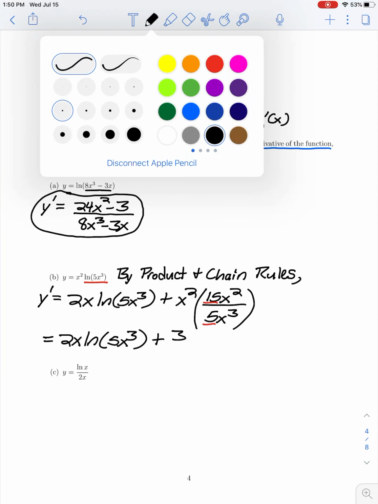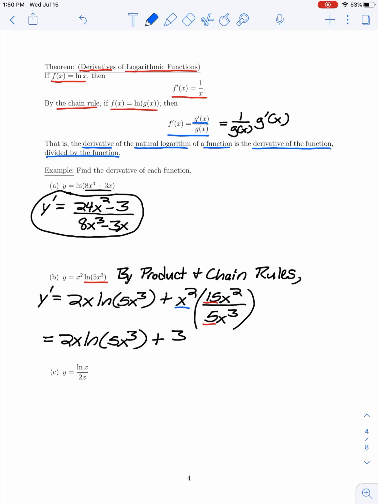And then we have an x squared times x squared, which would give us x to the 4th power, but we're then dividing by x cubed. So x to the 4th divided by x cubed, if we cancel 3 powers of x, we're left with x to the 1st. So this would be the simplified expression for our derivative.